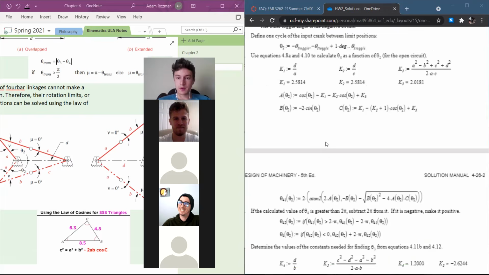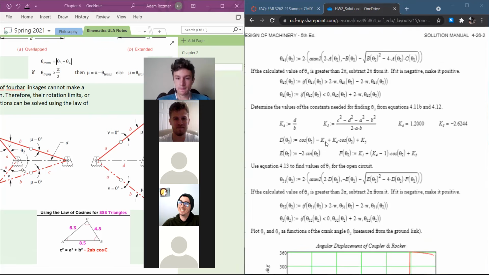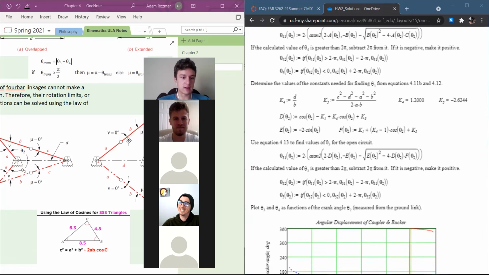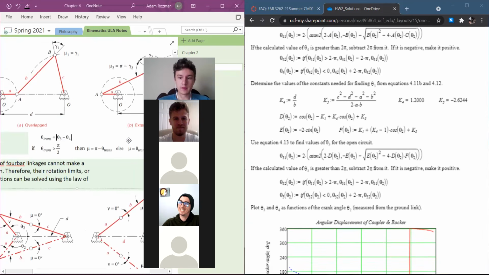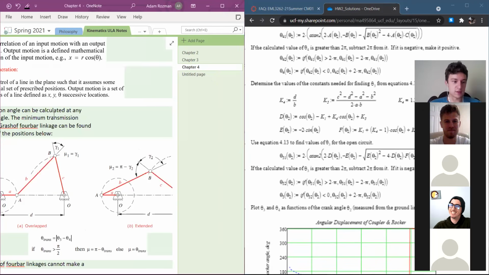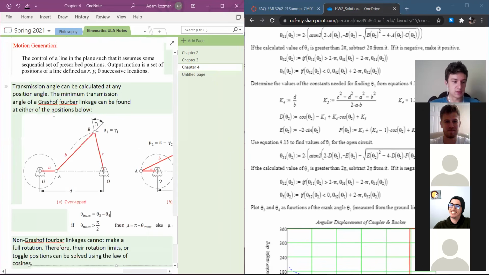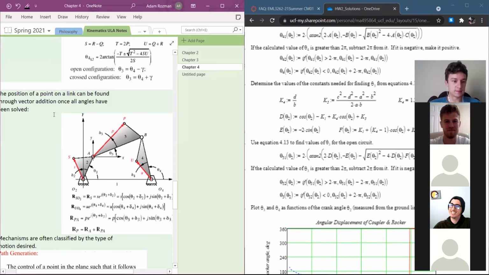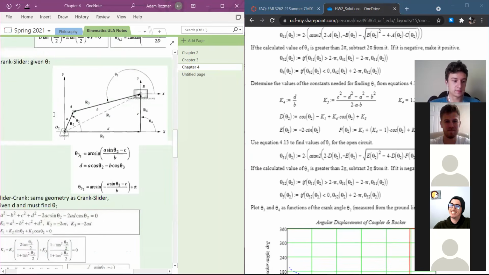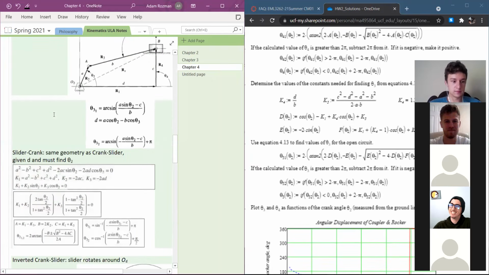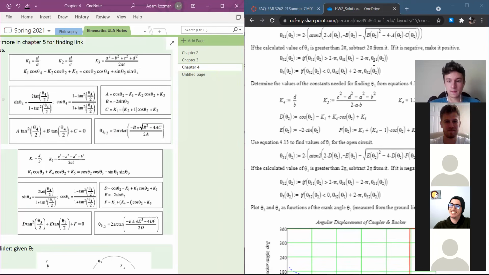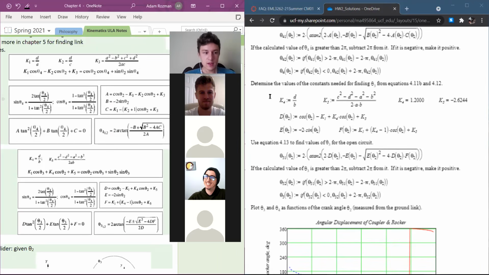Okay, and then here, what are they solving for? They're solving just for theta 3. Sorry, there's a lot of stuff on my screen to move around with Zoom. They're then just using the same equation.